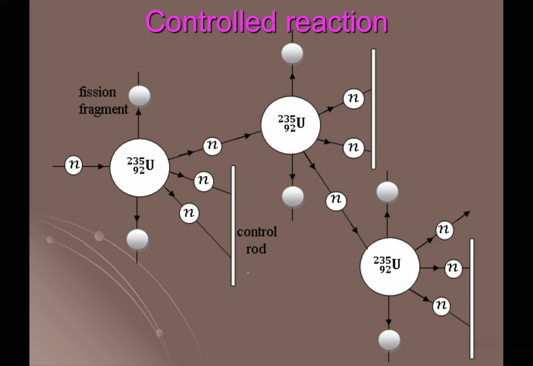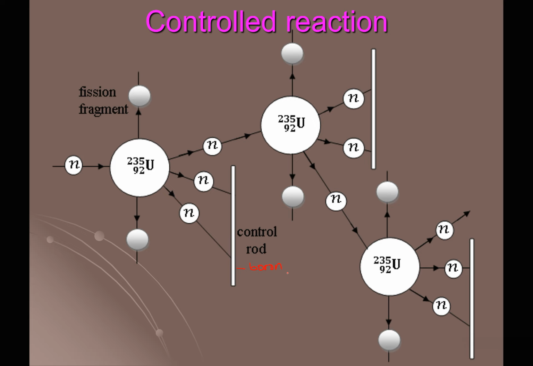It can be made constant if we can control the number of neutrons which are being used in the reaction. And I'm saying in the reactor of a modern nuclear power station, some neutrons released in fission reactions are controlled. Two of the neutrons produced by the fission are absorbed by what we call boron rods. These are normally made out of boron.